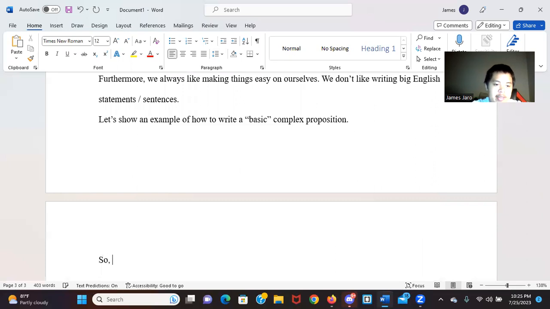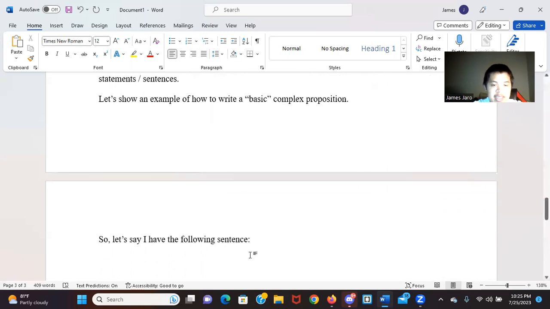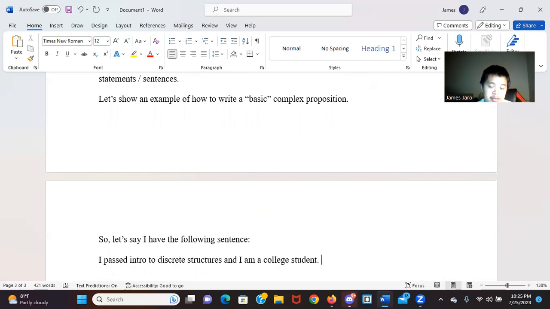Let's say I have the following sentence: I passed intro to discrete structures and I am a college student. The point of writing this is as follows.